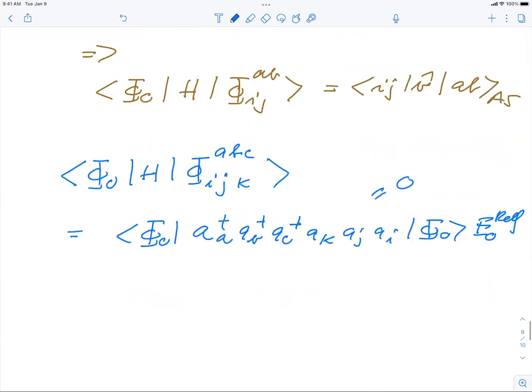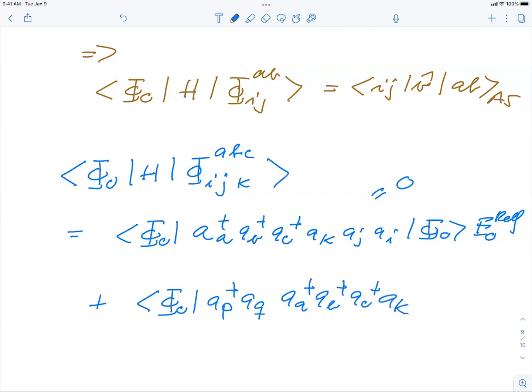If we look at the one-body piece, let's write this in a more schematic way, so we don't need to carry with us all the constants. When you've done this, sometimes you get a little bit lazy, and then you simply set up the states here. So the next one would be A P, A Q, and then I would have the state A A, A B, A C, and A K, A J, A I, and phi 0.